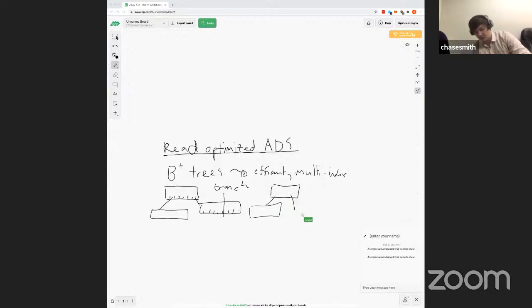Say 1 and 2, 1 and 2. And it splits them to balance the tree. And I think this is a more effective method than something like a rotation. But just because of the amount of usage in it, the thought was, how do we Merkleize a B+ tree, and how do we do it in as efficient a way as possible?